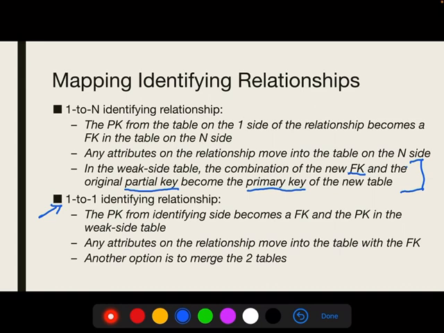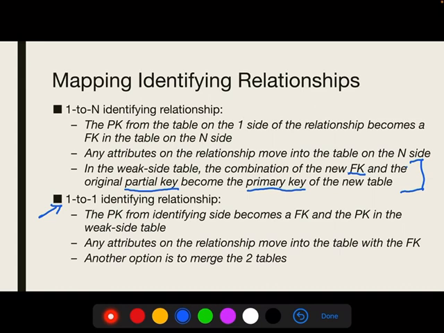And so in that case, the primary key from the identifying side becomes the foreign key in the weak table and the primary key of the weak table as well. And again, the attributes are going to move over to the weak entity. In both of these cases, they're going to move to the weak entity.